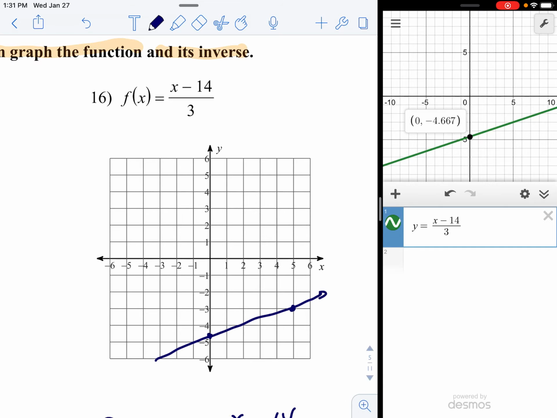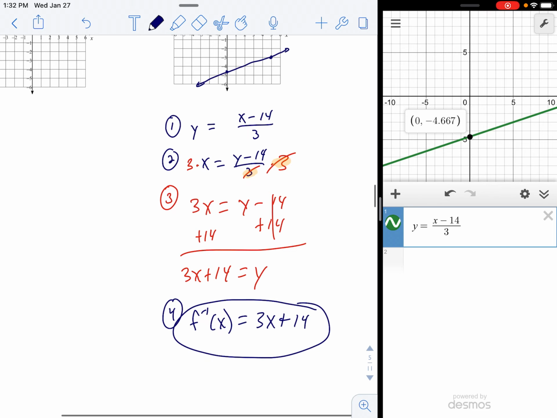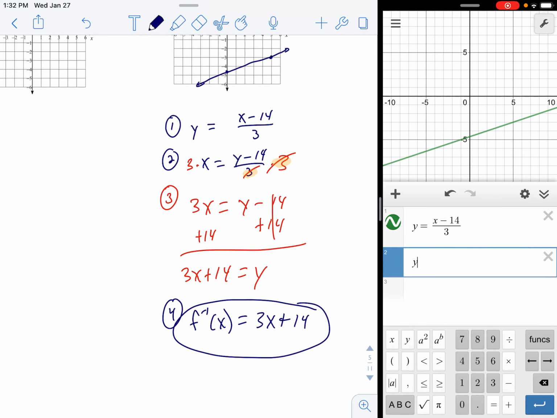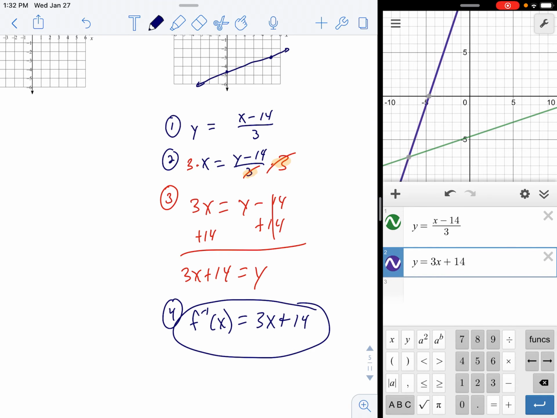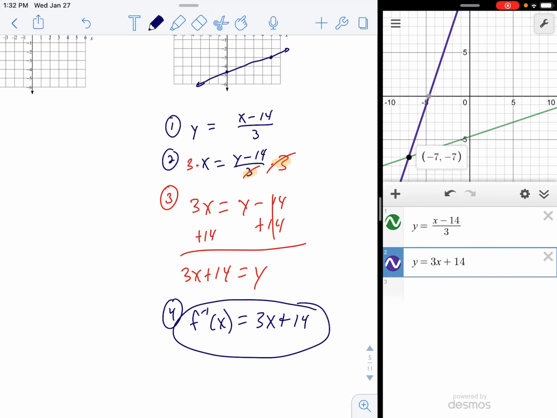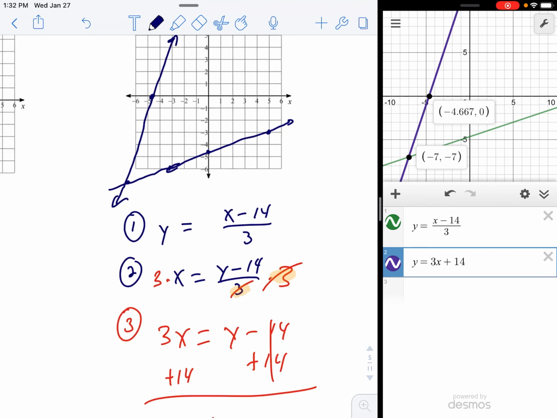So there's a line like that. Then I have to graph the other one, which is y equals 3x plus 14. And they seem to meet at -7, -7. Well, that would be way down here. This one has an intercept of about right there. And the line sort of goes like this.